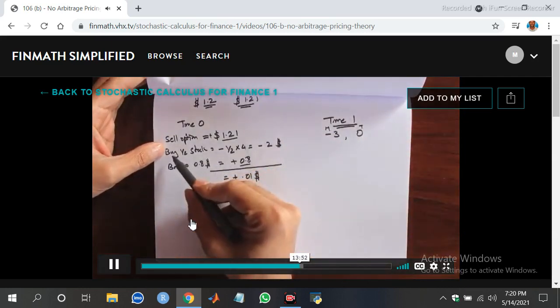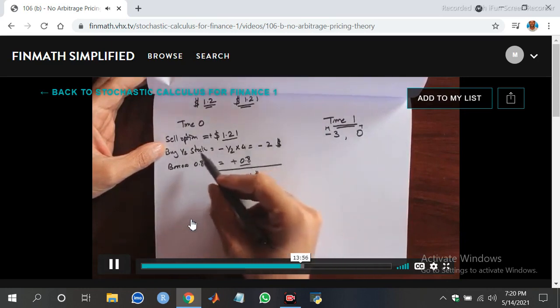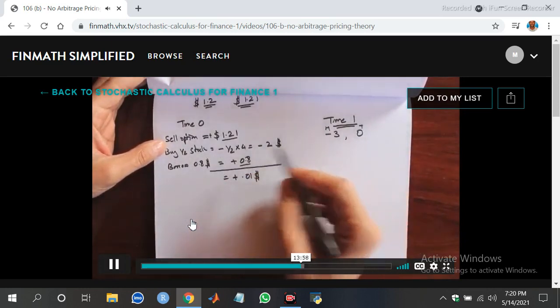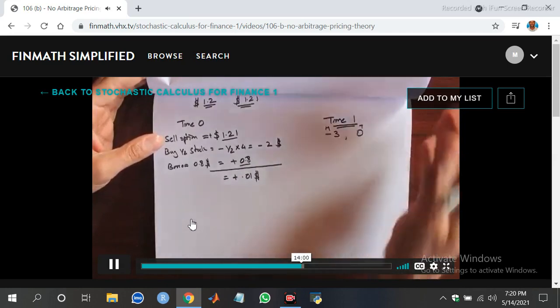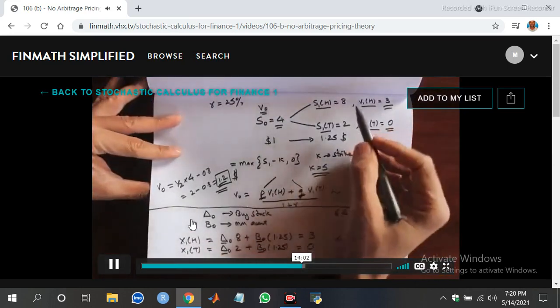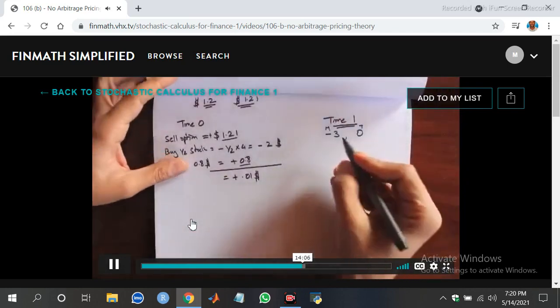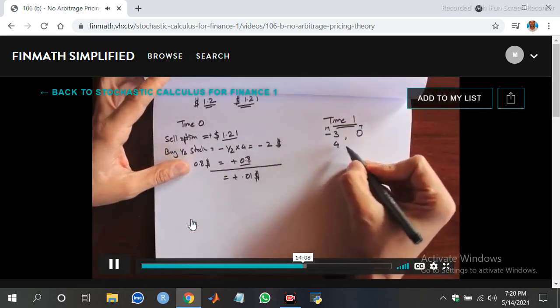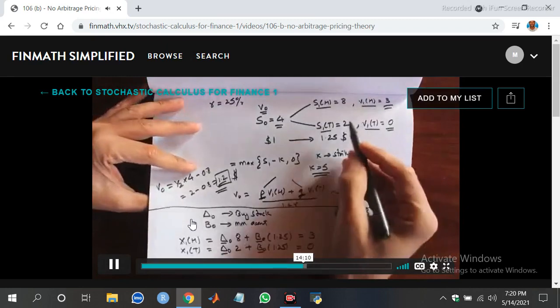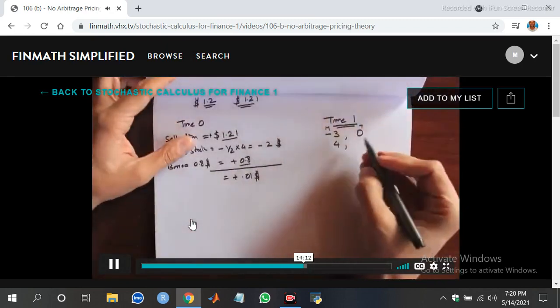Now, because we bought half a stock, what would be the value of the stock at time 1? At time 1, the value of the stock would be half times 8. If we get a head, that would be 4, or the value of half the stock would be 1 here.